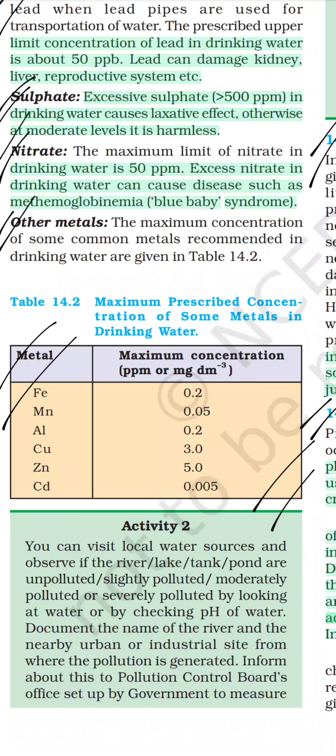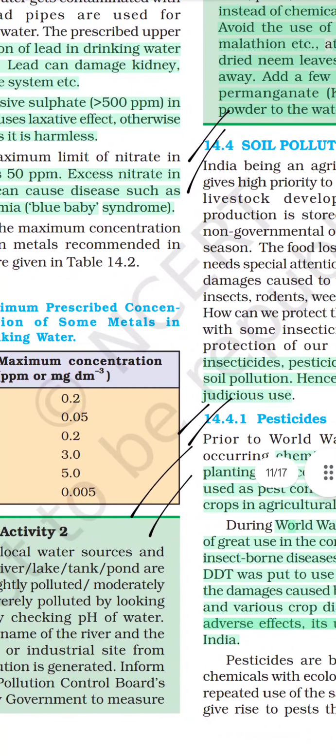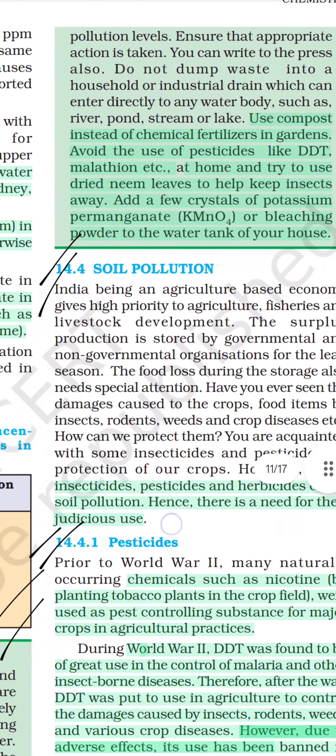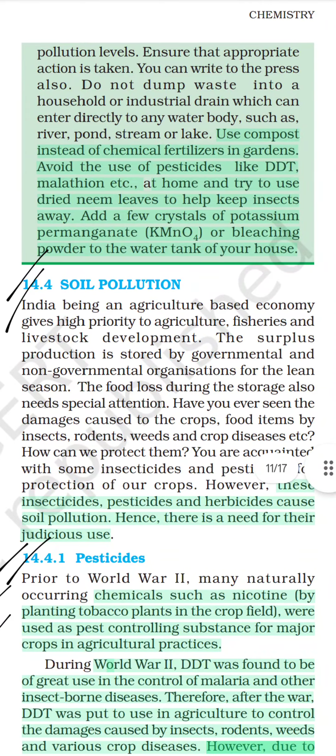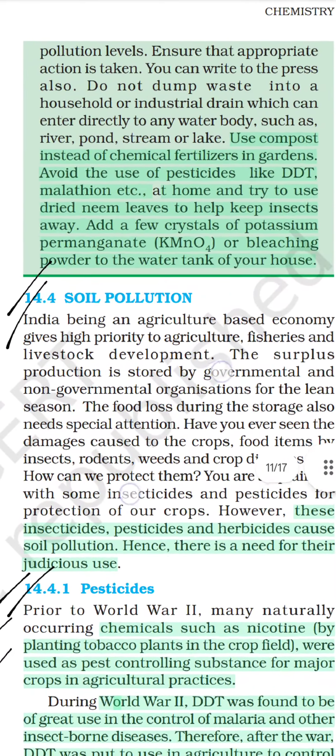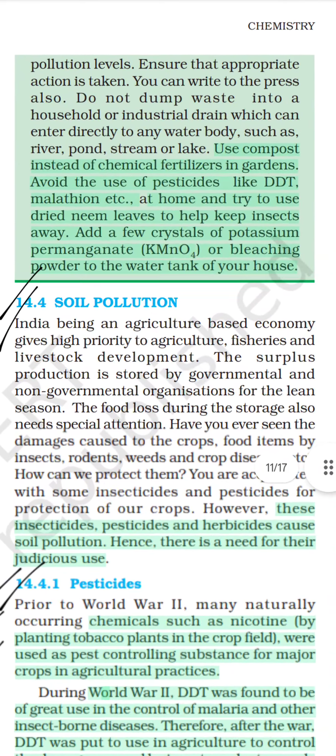Inform the Pollution Control Board, an office set up by the government to measure pollution levels, to ensure that appropriate action is taken. You can write to the press also.